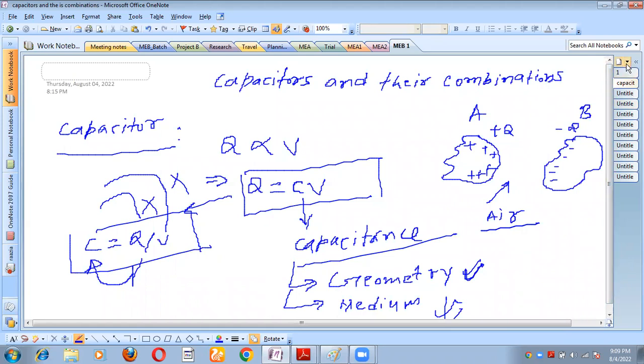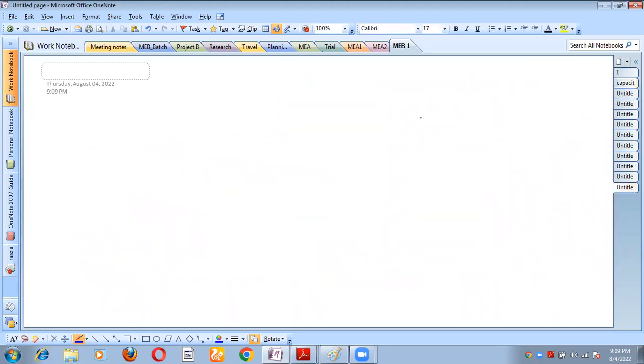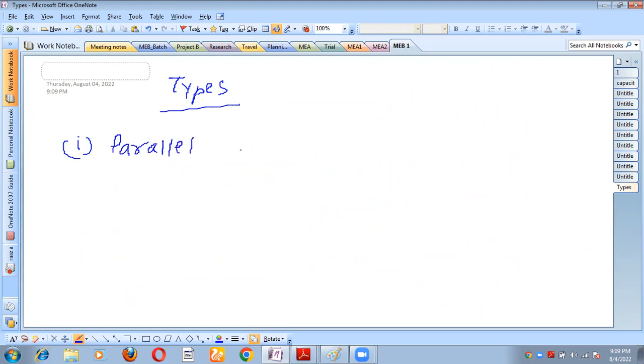Apart from that, we have some types of capacitors. Most common is the parallel plate capacitor.